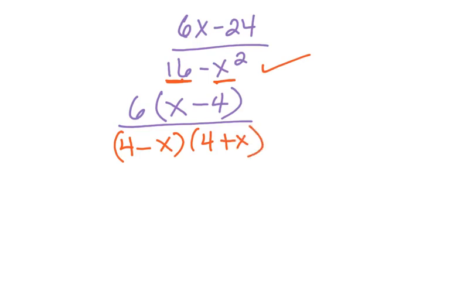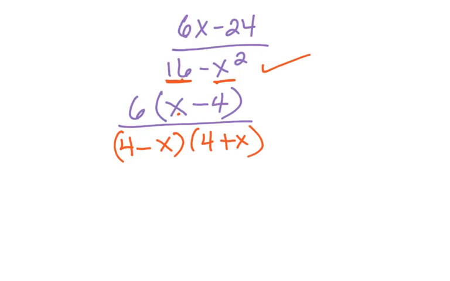You'll notice that there's 4 minus x and 4 plus x, but there's no x minus 4. But I'm so close. But what would have happened, guys, if I had taken out a negative 6 to begin with?